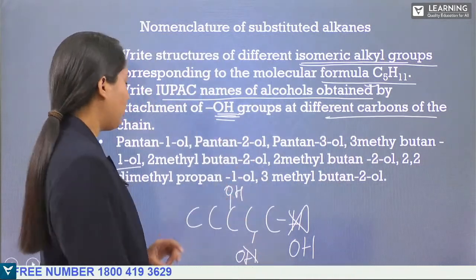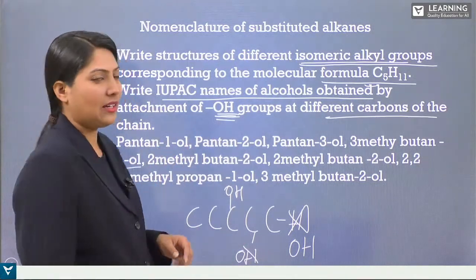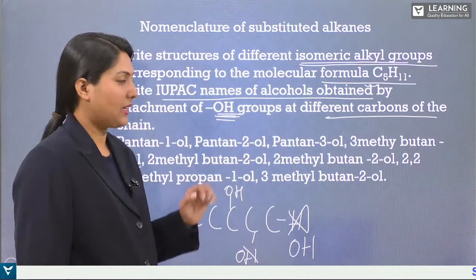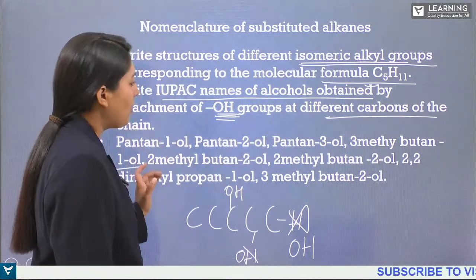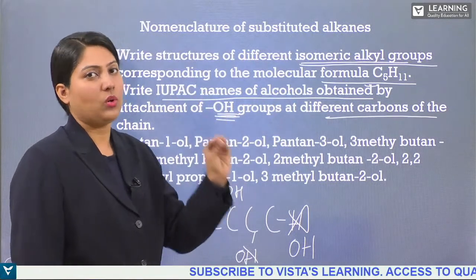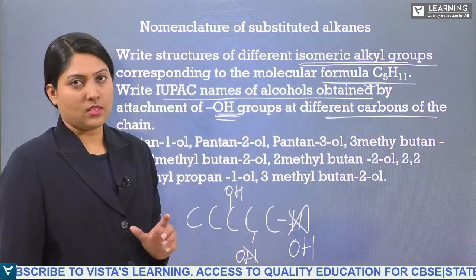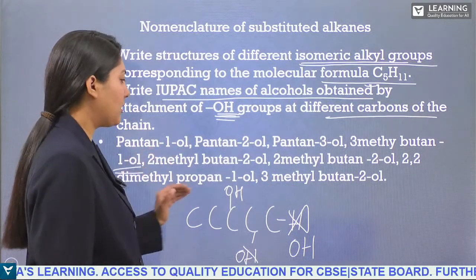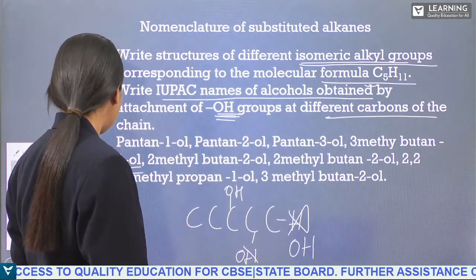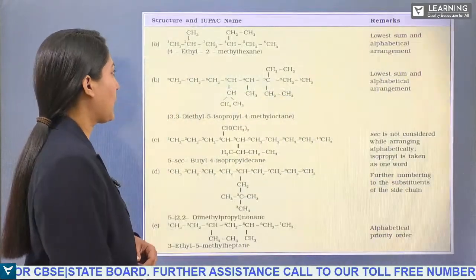In 3-methylbutane, we remove one hydrogen and add an OH group to the first carbon atom. Likewise, when we write the structural isomers and remove one hydrogen and add an OH group, we get these isomers. So try doing the structural isomers for all of these, and if you have any doubt, you can get back to us.